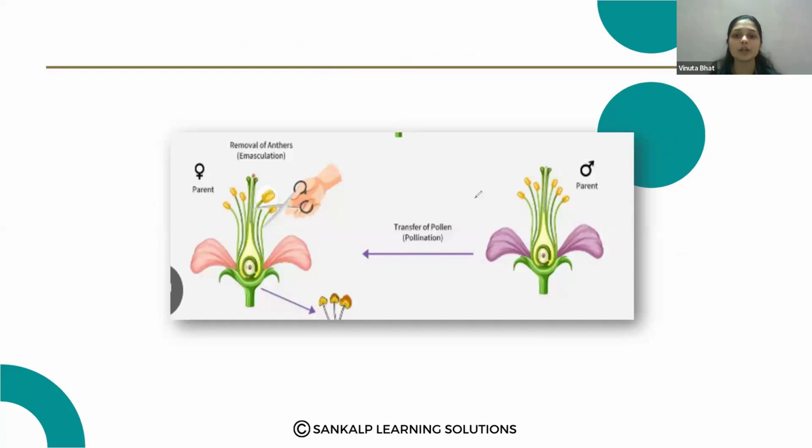So here the male reproductive structures are removed. This is the parent plant where the male reproductive structures are removed, and to this female reproductive structure pollen grains are transferred. So the desired pollen grains, the pollen grains from a plant having the characters we want, they will transfer. So the first step is the emasculation. Okay, emasculation means removal of the anthers. That process is the emasculation.